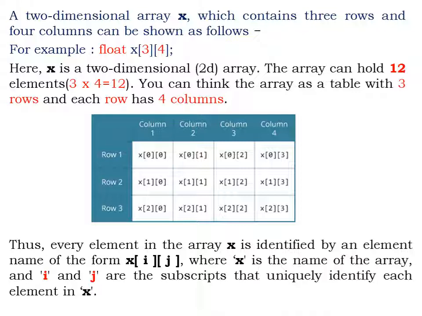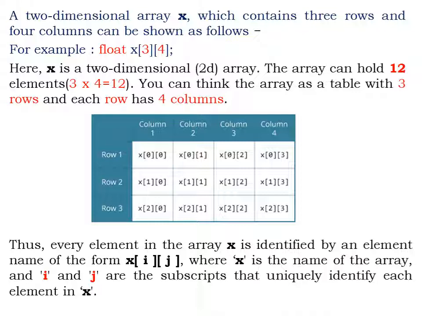So float x of 3 and 4 is the way we represent a two-dimensional array. Here x is a two-dimensional array. This array can hold 12 elements. 3 rows and 4 columns, so 3 into 4, total 12 elements we can store in this array.